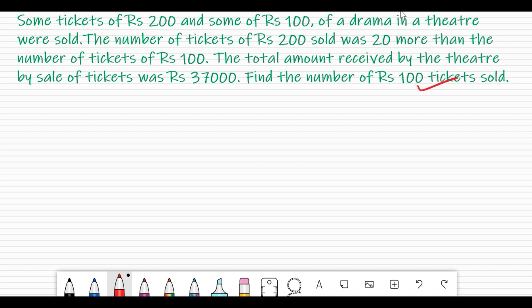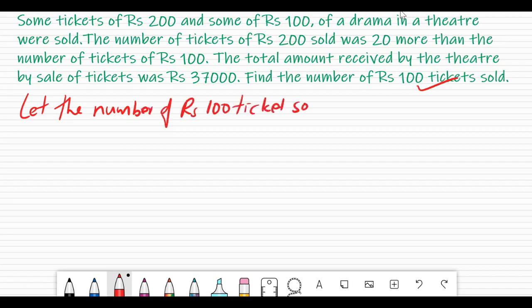So I will simply write over here: let the number of rupees 100 tickets sold be x, our variable. It is given here that the tickets of rupees 200 sold was 20 more than the number of tickets of rupees 100.